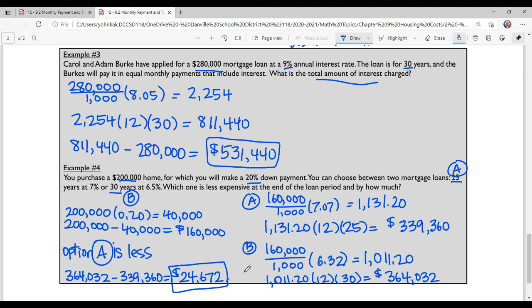So if you want to save yourself $25,000, you should go with option A. Option A has a higher monthly payment, but less money overall. Option B has a lower monthly payment, but more money overall. So I guess it's whichever one you prefer.